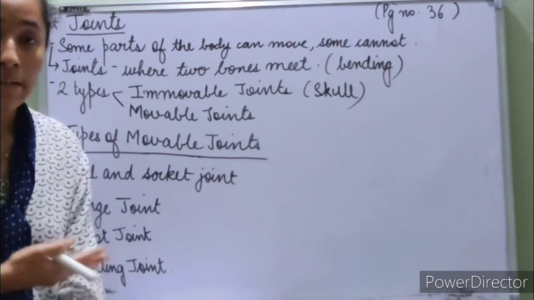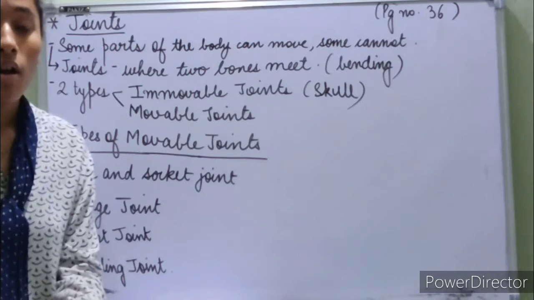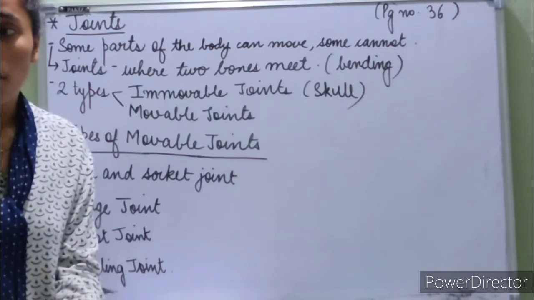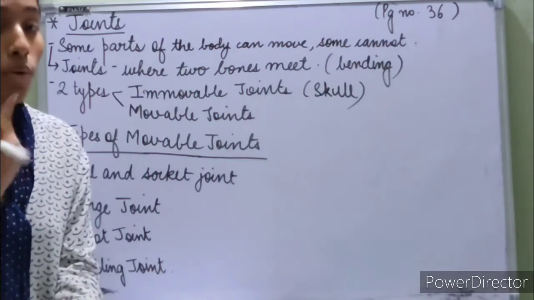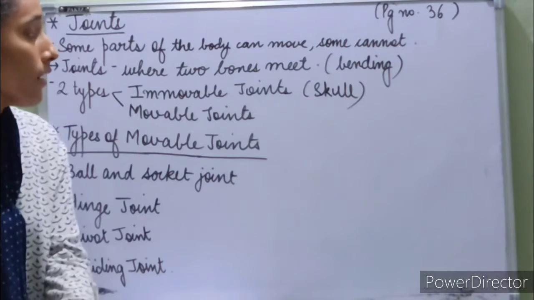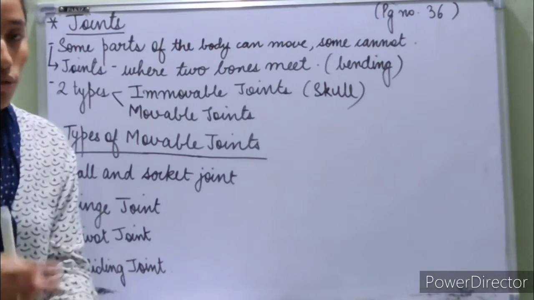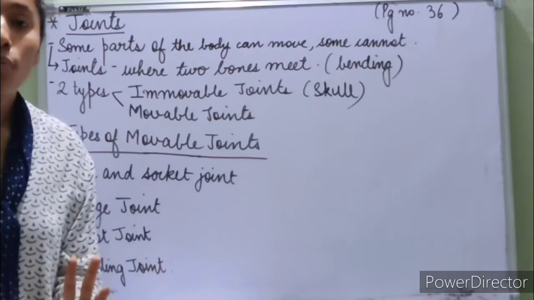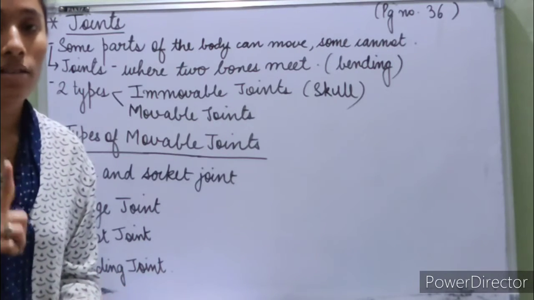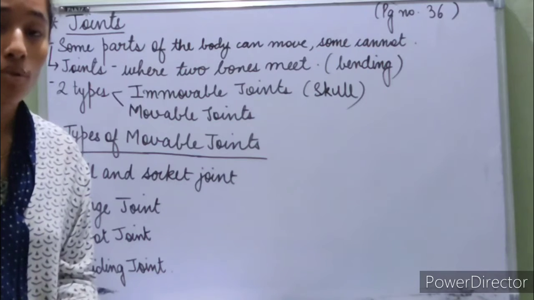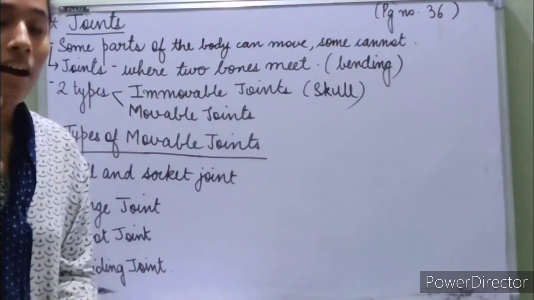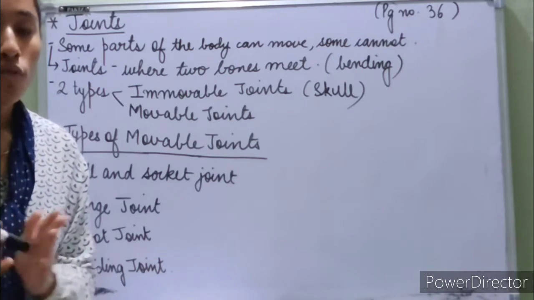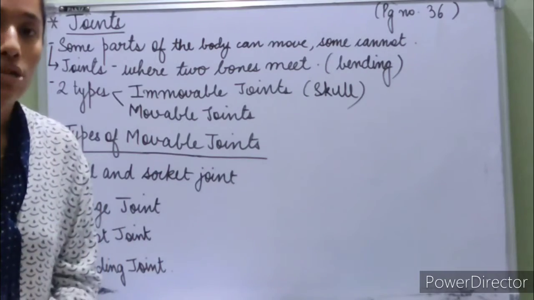For example, our elbow, knees, backbone, our wrists, our lower jaw. So these are movable joints. So there are two types, that is immovable joints and movable joints. Now we know that there is only one part in our body which is movable in our skull, that is our lower jaw. But movable joints are present in different parts of our body.